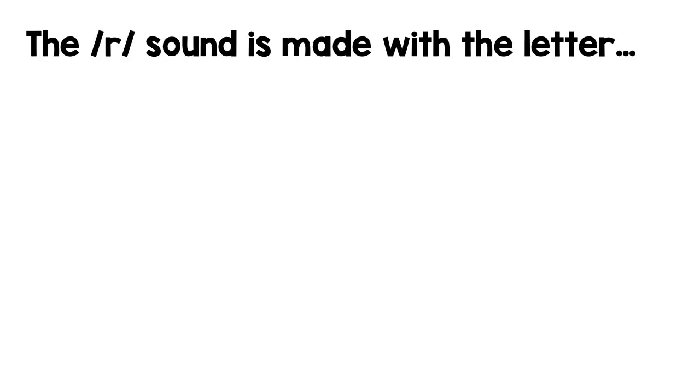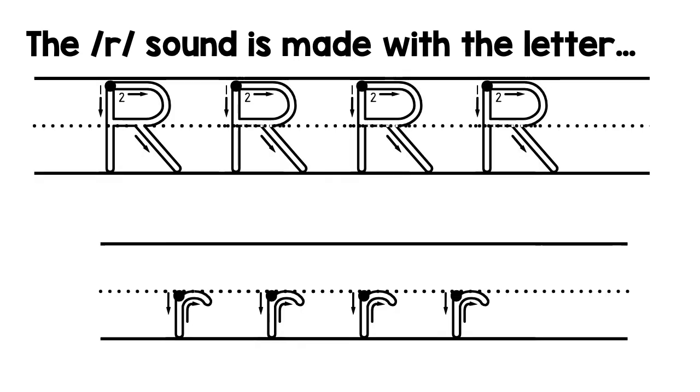The R sound is made with the alphabet letter R. We make the capital R by starting at the top line. We pull straight down. Then we pick up our pencil, go back to that beginning position. We're going to just make a bump forward and then a kickstand out.